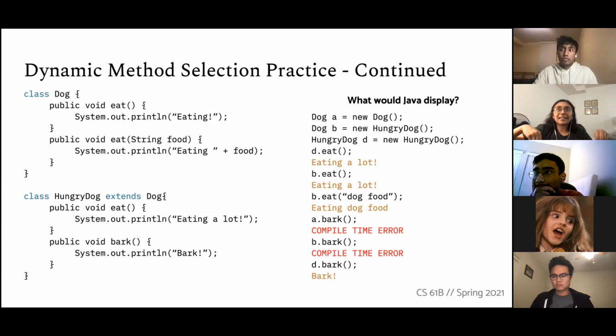And let's say that the dog class has a function that takes in a dog and a function that takes in a hungry dog. They have the same name, they just take in different parameters. Let's say hungry dog overrides the second function, so hungry dog has the same function that takes in another hungry dog.